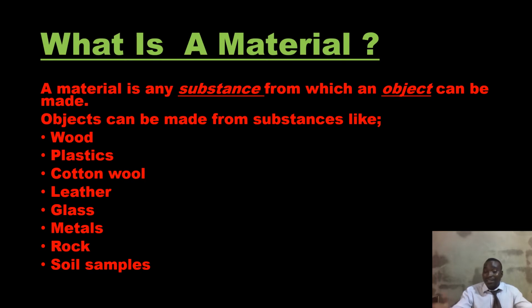Yes, because plastic can easily be melted and molded to form different shapes of bottles or cups. Can you also tell why metals are used to make cars? So objects are made from these materials based on their properties. Now let's look at some of these properties.